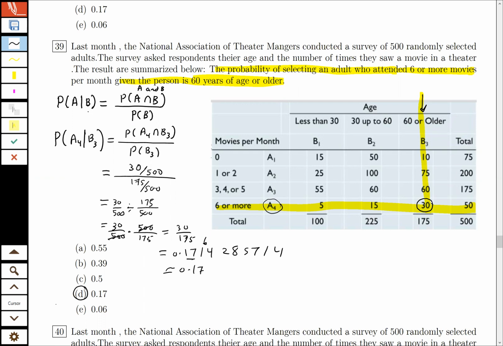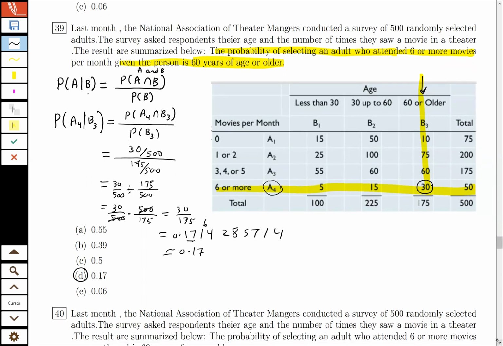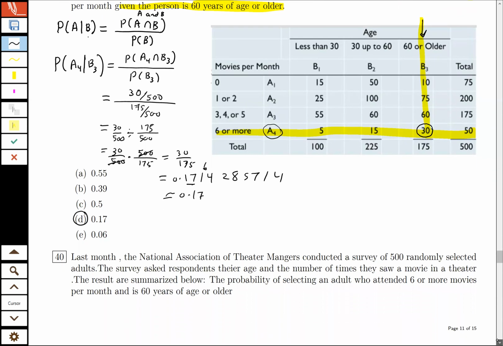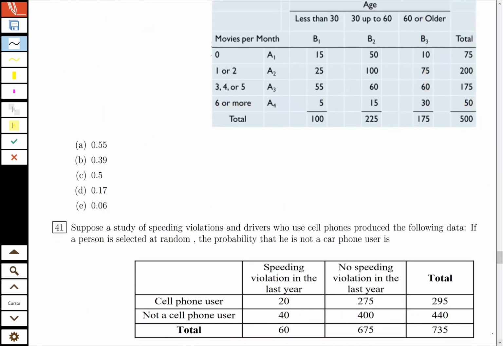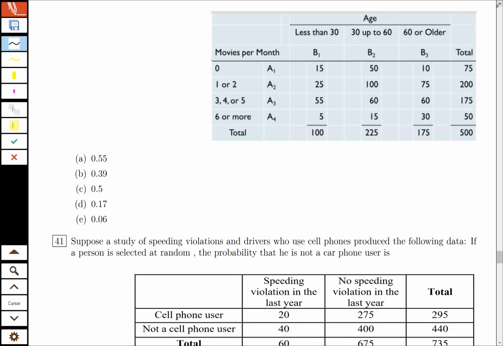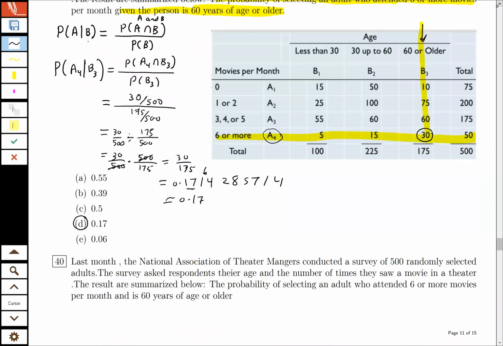Okay. Now, let's move on to another question with the same data again. Here we go. Here it says, let me highlight it. He wants the probability of an adult who has watched 6 movies or more.